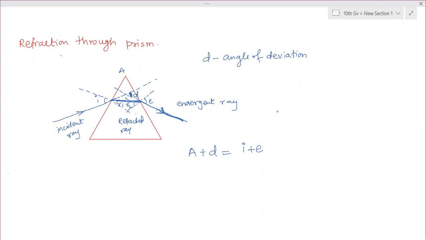Second one, the angle A, angle of the prism.